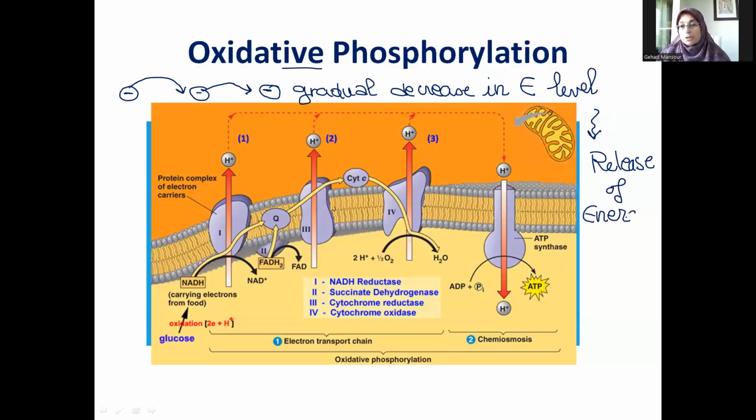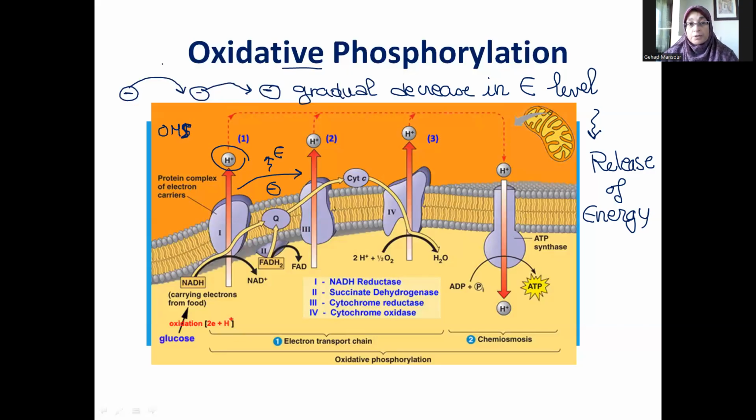That released energy will be utilized by the electron carrier itself to pump protons against the concentration gradient. And that's what you see here: every electron carrier, after having transferred the electron to the next electron carrier and the release of energy, will pump protons to the outer mitochondrial space, against the concentration gradient.